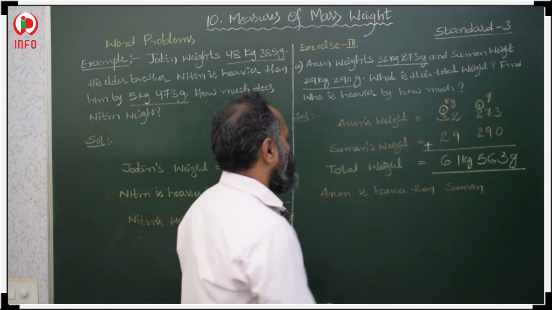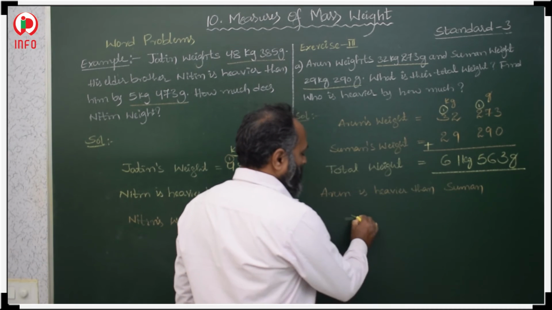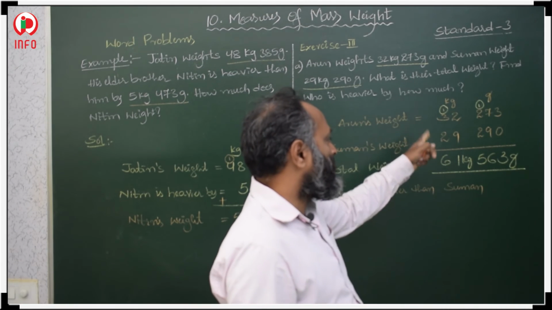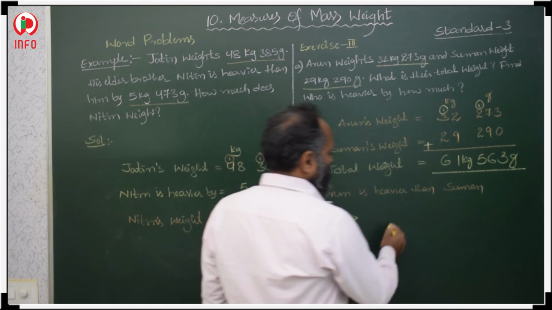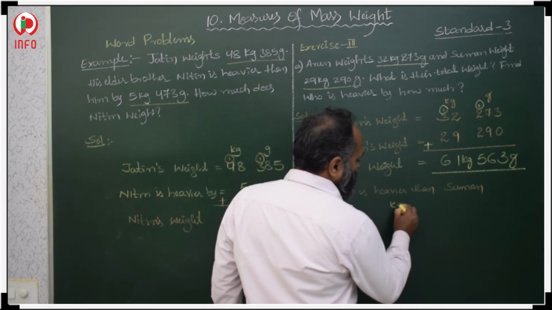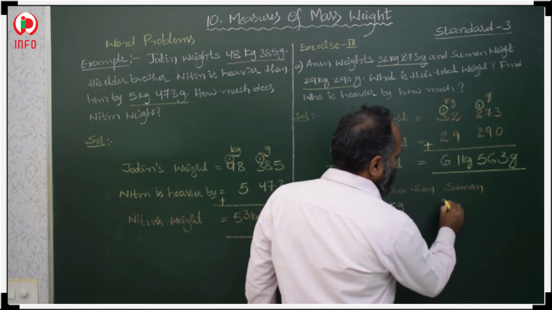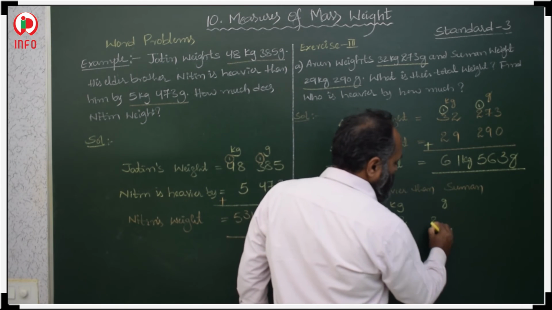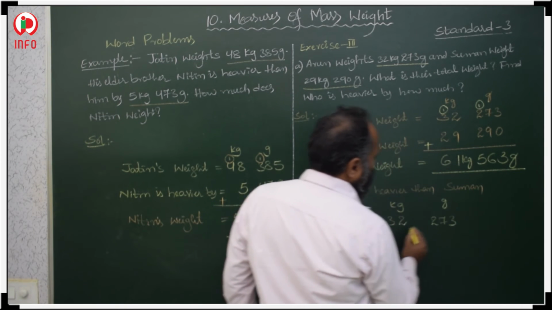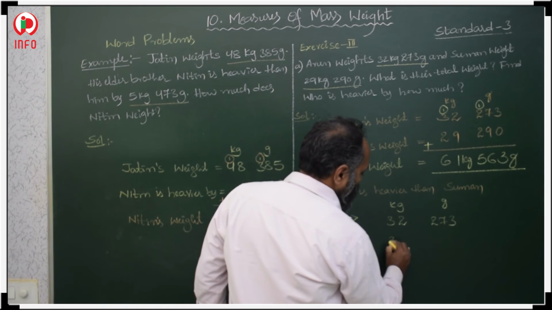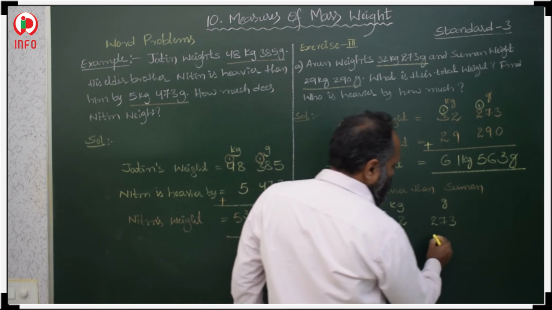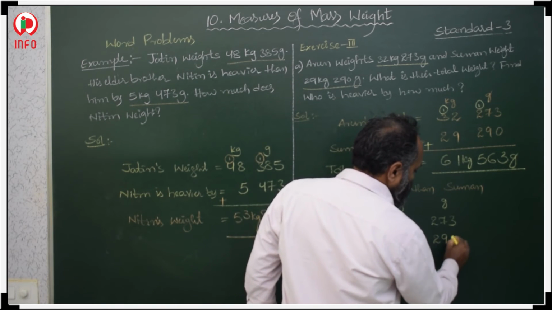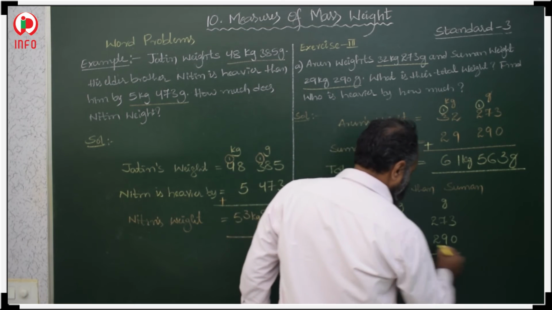How much means, from Arun's weight we have to subtract Suman's weight. First kgs and here grams. Arun's weight first, 32 kgs 273 grams. Then Suman's weight, 29 kgs 290 grams. Now minus.